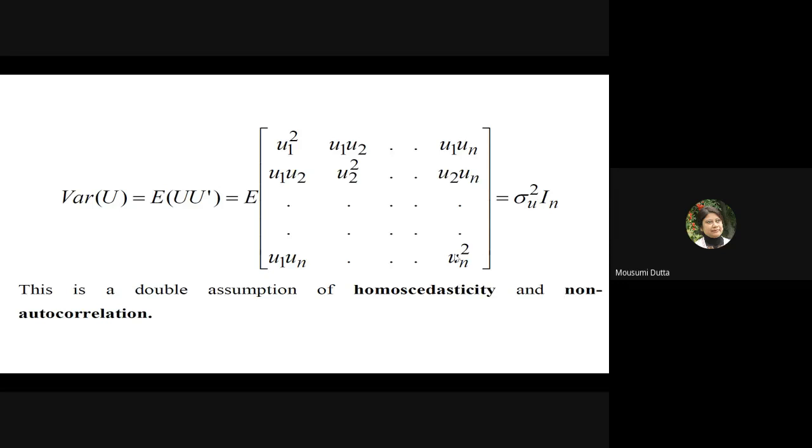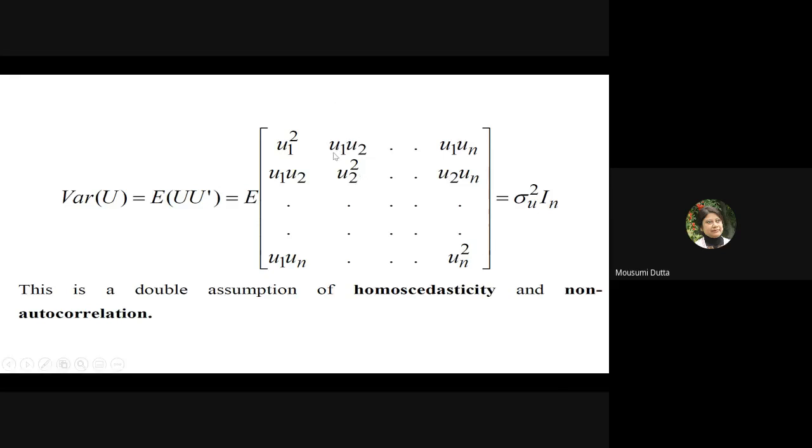However, I am not considering that. I am assuming that the variance of u1 is equal to the variance of u2 is equal to the variance of un, and these variances are nothing but sigma u square. So this is the assumption of homoscedasticity.